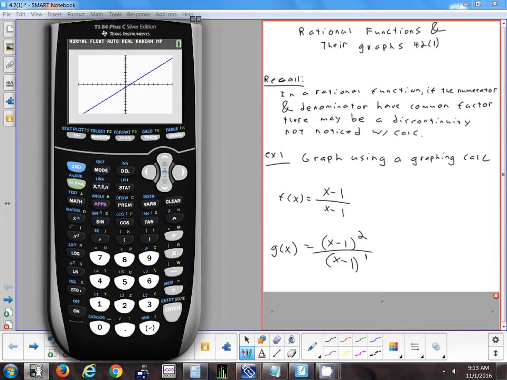But it's not really a line. There's a hole, but you can't see it on the graph. And the hole, again, is at 1. It doesn't give me a y value. Any questions on that? Kind of scary. You can't see it. You don't notice it.